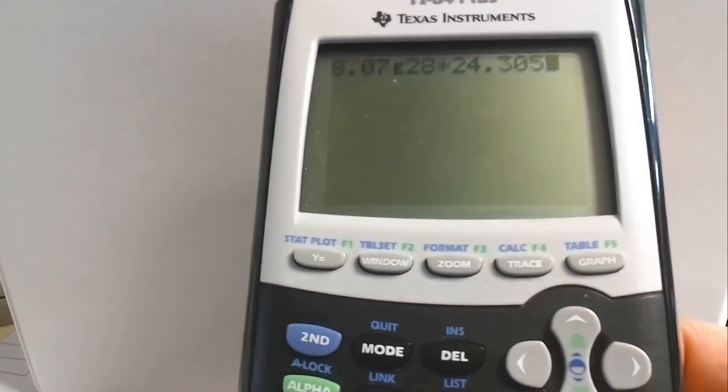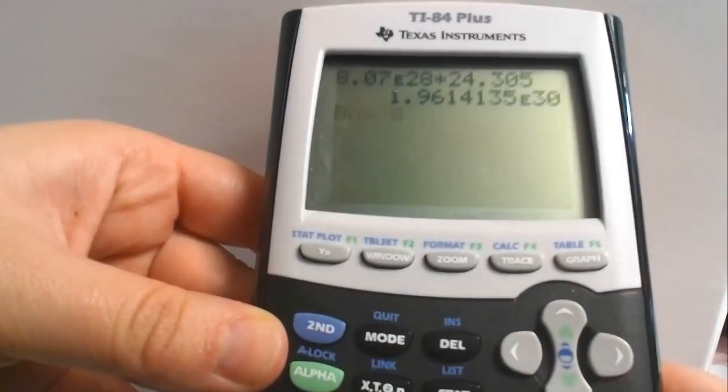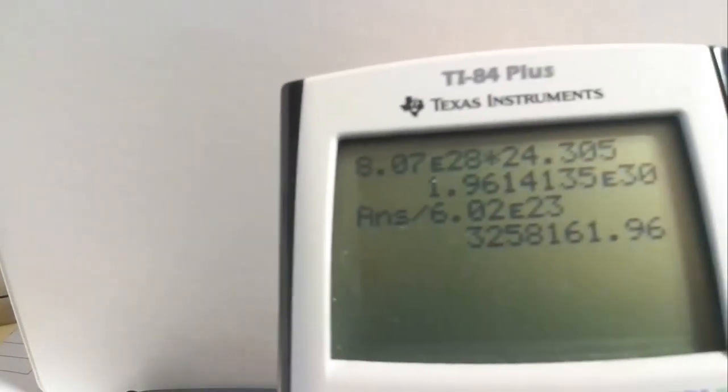Here's what I have. And then I hit enter at the end of my numerator, and then I divide by 6.02, shift log 23. You would divide by 1 also, or don't actually have to type that in because it's not going to change my answer.